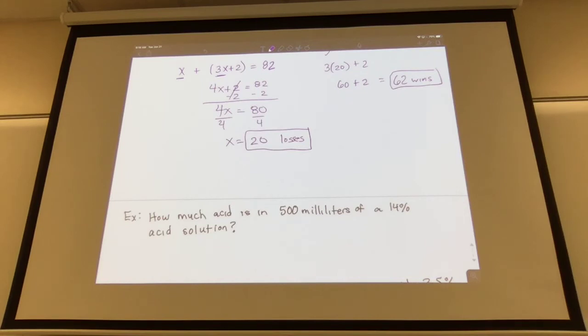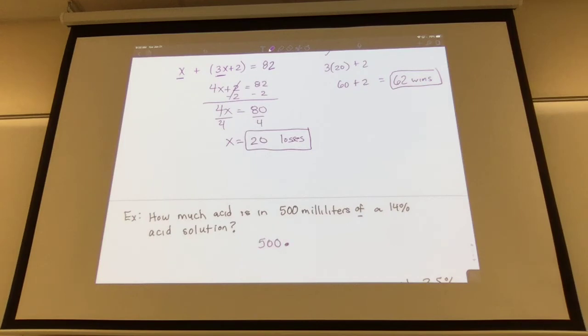This next one is just going to be a mixture problem. So you'll say base times rate is equal to the percentage. In that case, it says how much acid is in 500 milliliters. Let's just read this equation. 500 milliliters, what's of mean to do?